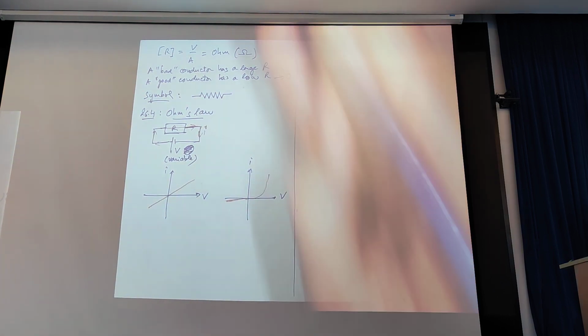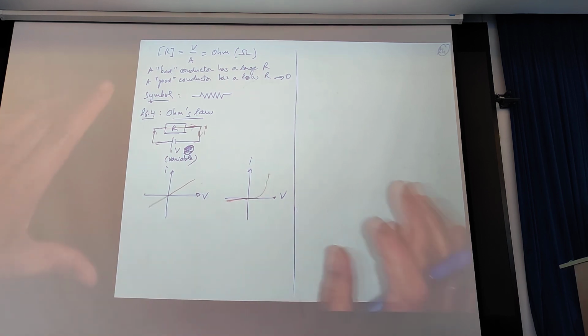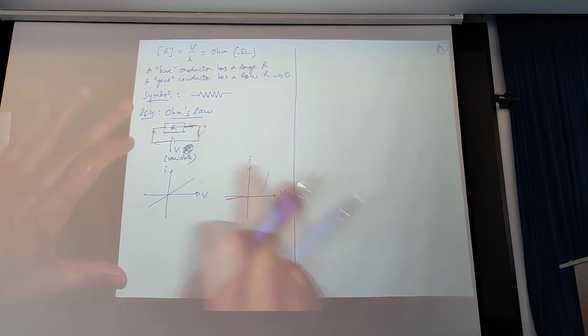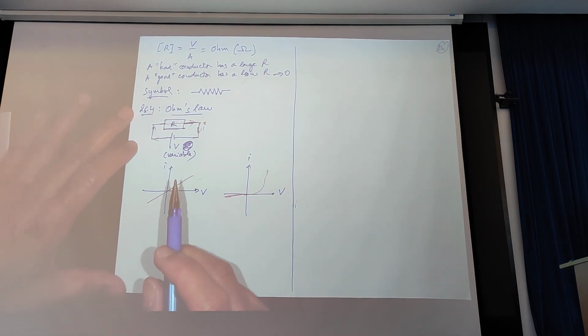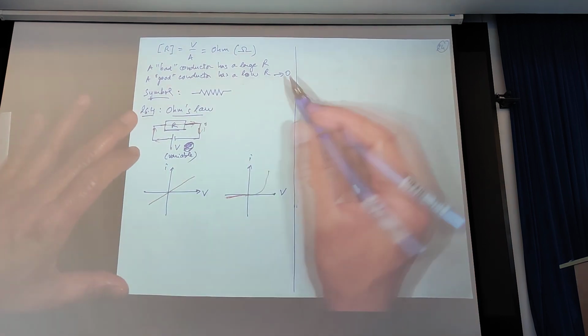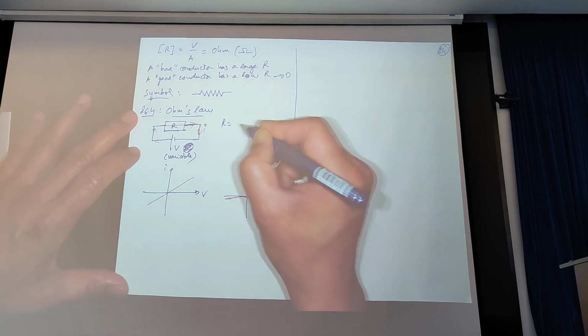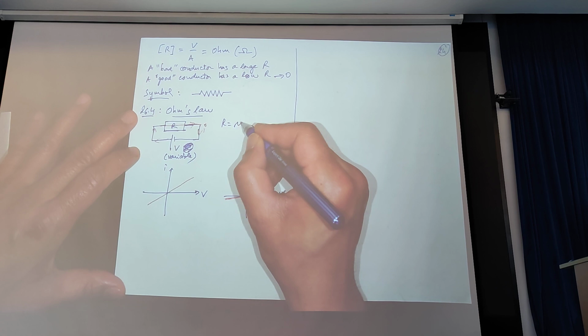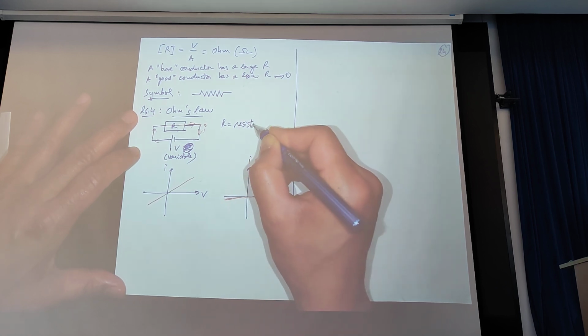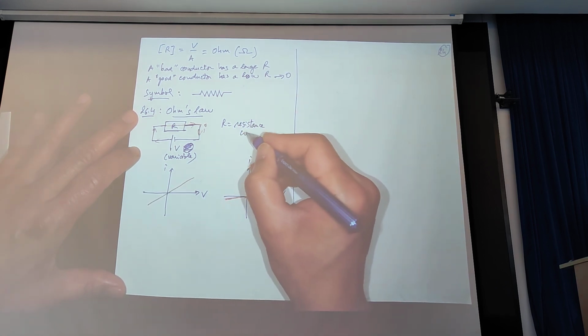Okay, so depending on the response of this experiment, we can see that a resistance, a conductor, this is R, is a conductor, okay? Or it's a resistance. Conductor.